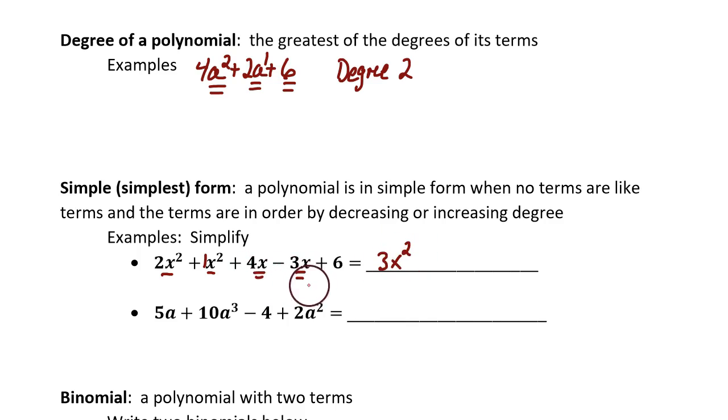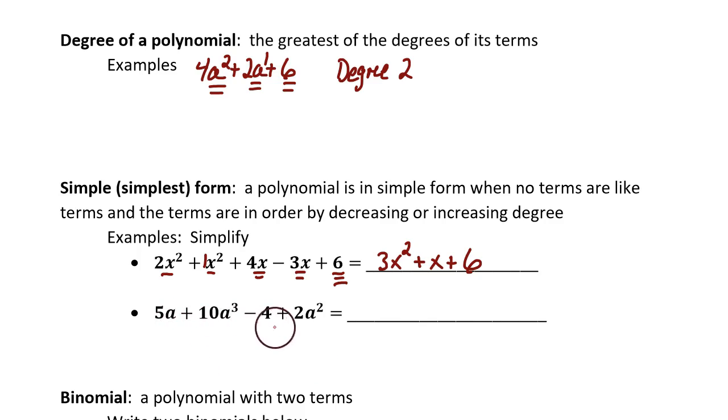These two are like terms and they can be combined. Positive 4x minus 3x is plus 1x. The last number is called a constant. It has nothing to combine with it, so it's still a positive 6 on the end. This is in simplest form because there are no like terms and the exponents are in decreasing order. Second degree, first degree, 0 degree.